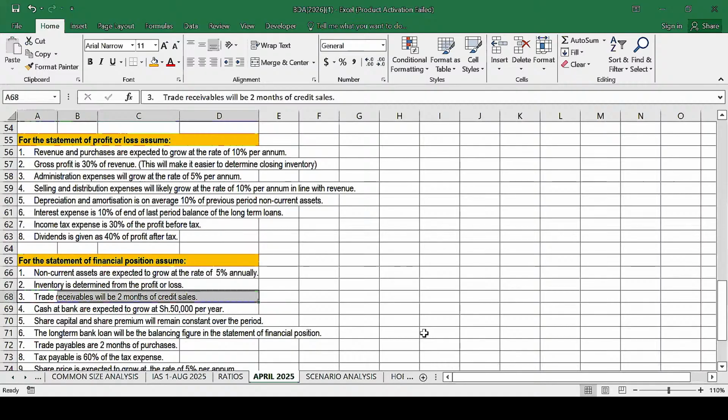Yes, what do you mean by this? That trade receivables will be 2 months of credit sales. What do you mean by this?